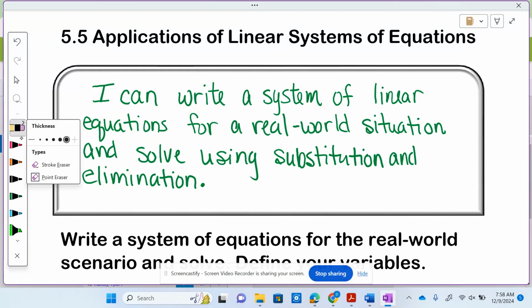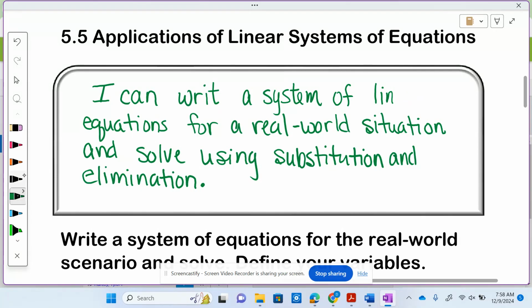So I can write a system of linear equations for a real world situation and solve using substitution and elimination.